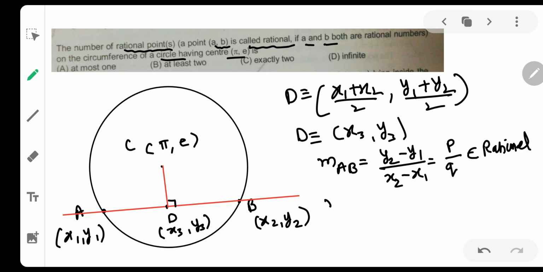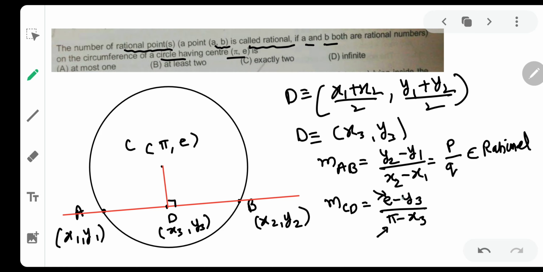So the slope of AB is a rational number, right? Now let me calculate the slope of CD. Here y2 minus y1 will be e minus y3 and x2 minus x1 will be pi minus x3. Now there is no rational number which can cancel e, because y3 is a rational number and e is an irrational number, and even pi is an irrational number.